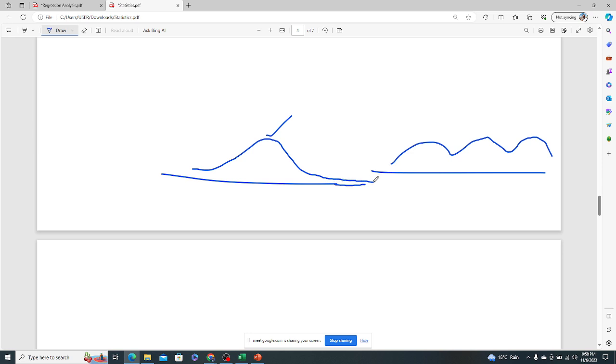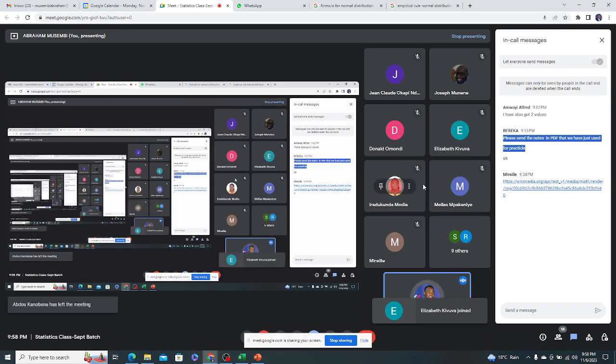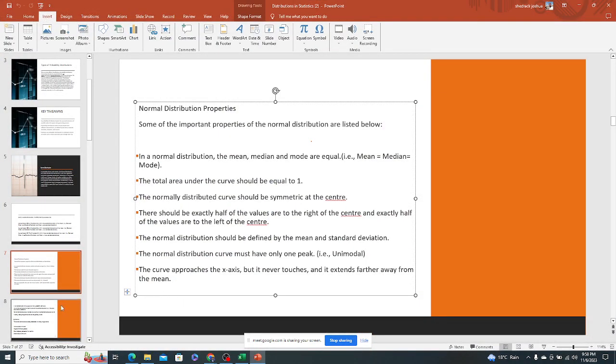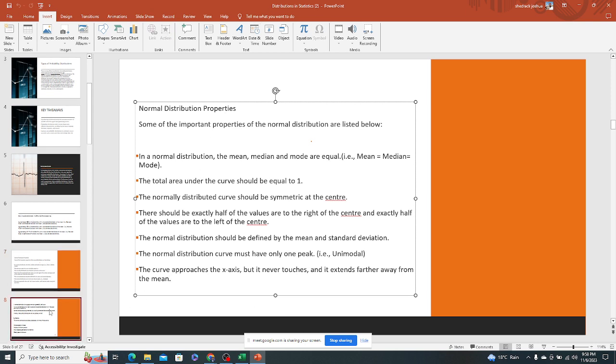They may appear to touch the x-axis, but they do not and should not touch it. All right, that's all about the properties of the normal distribution.